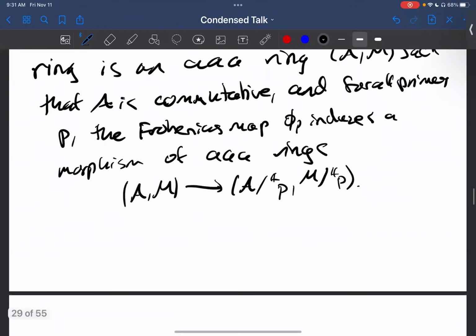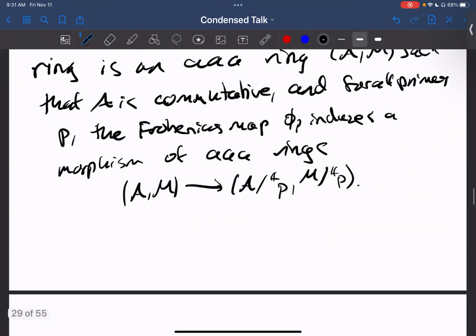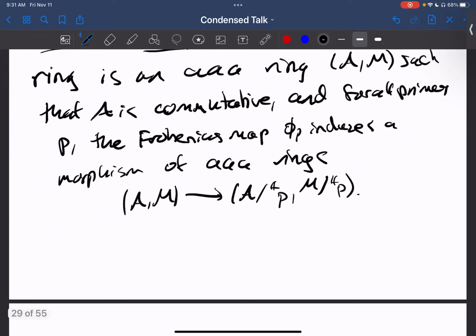Because that's where you would expect Frobenius to land, and we want this to form some genuine morphism of these rings. So the morphism on A to A over p, that's easy, that's almost guaranteed.